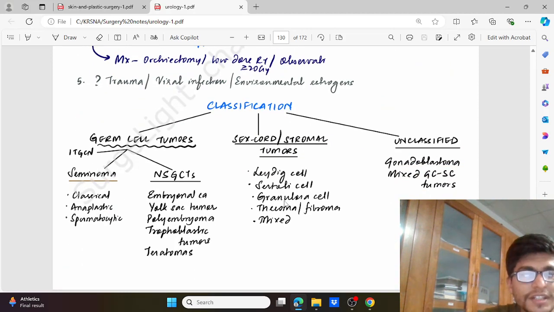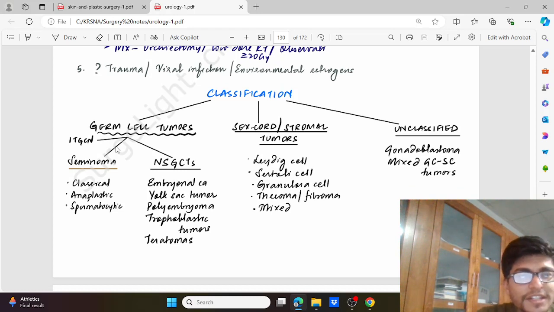Now the classification. It is classified initially into germ cell, sex cord stromal tumor, or unclassified. The germ cell tumors are further classified into intratubular germ cell neoplasia, seminoma and non-seminomatous germ cell tumor. Seminoma is classified as classical, anaplastic and spermatocytic. Non-seminomatous germ cell tumors are embryonal carcinoma, yolk sac tumor, polyembryoma, trophoblastic tumor, and teratomas.